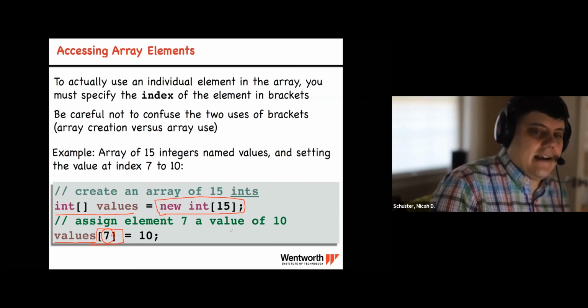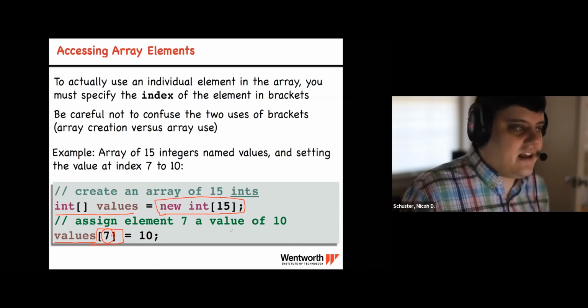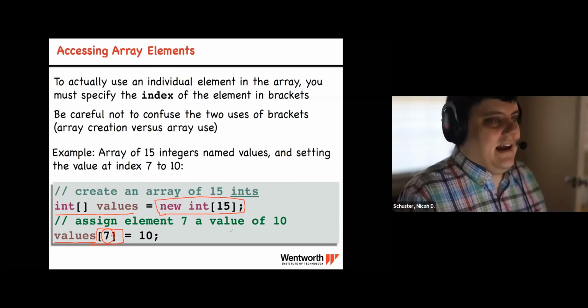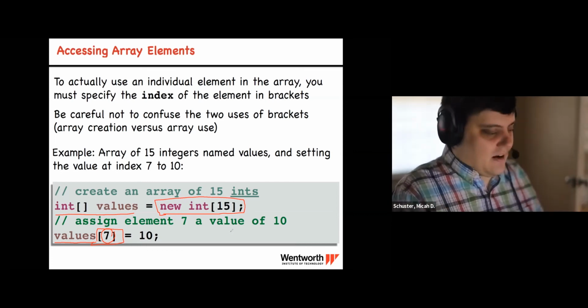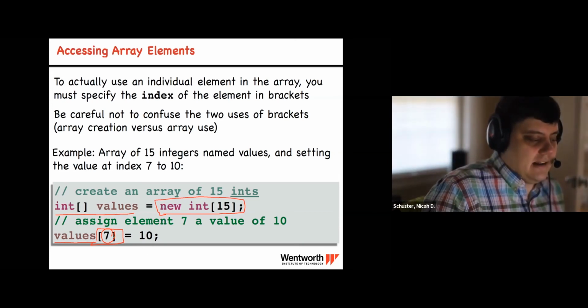So that's how you access the individual ints inside the array, the individual pieces. You can think of it like a table, for instance. I have a table, I've got 15 integers. I can access each individual element by using brackets and a number after the name.